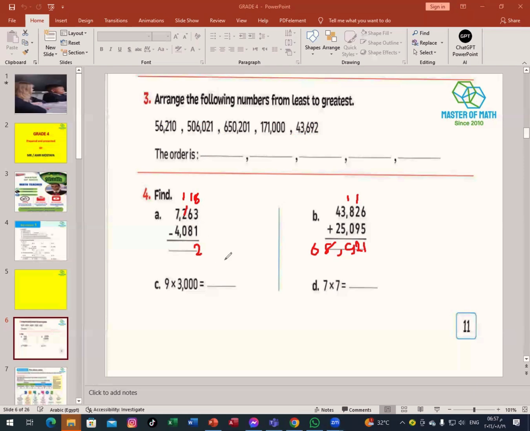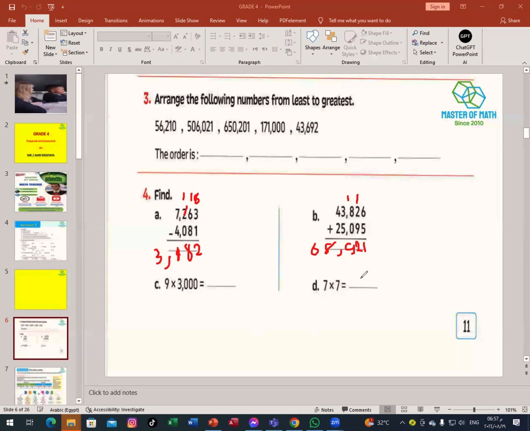After 8: 9, 10, 11, 12, 13, 14, 15, 16, it's 8 numbers which I counted. 8 here. 1 minus 0 equals 1. I put the comma. 7 minus 4 equals 3.